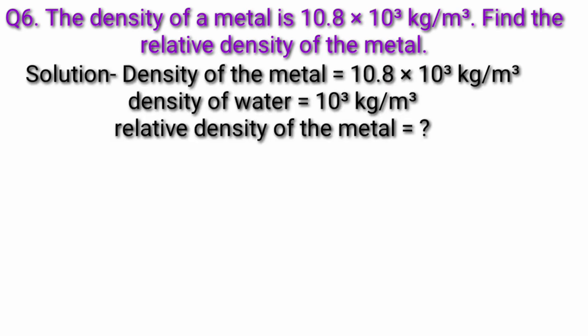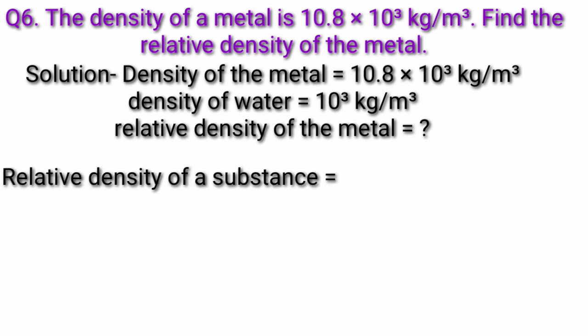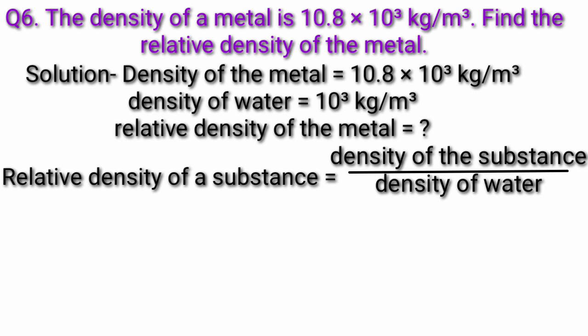We have given density of metal is equal to 10.8 multiplied by 10 to the power 3 kilogram per meter cube, and density of water is equal to 10 to the power 3 kilogram per meter cube. Now we have to find the relative density of the metal.